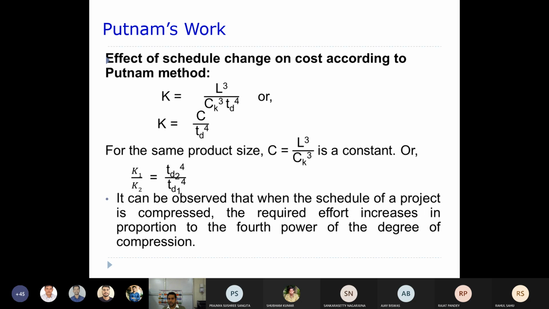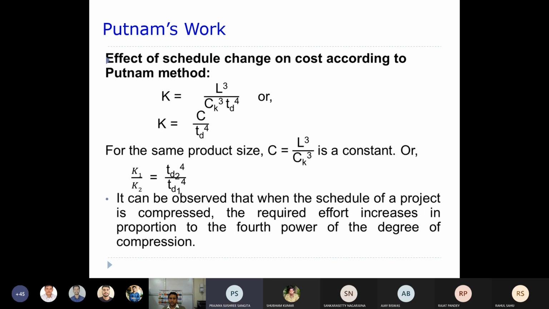Twice. Why twice? Because in the equation K equals L power 3 by Ck power 3 TD power 3, if we put t equals 1 in the first case and half in the second case, then the 2 comes to the numerator, and it becomes twice the previous case.